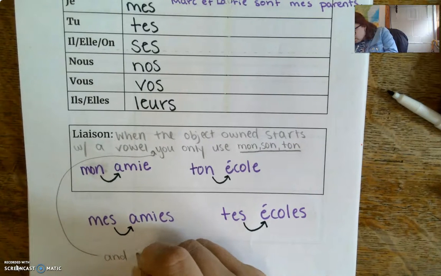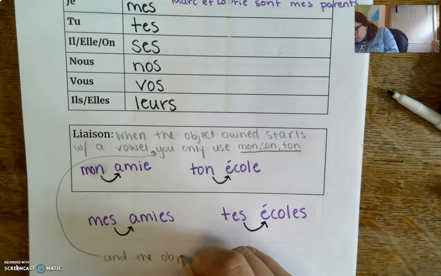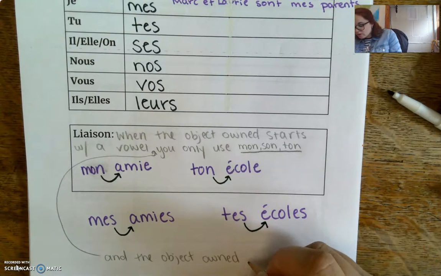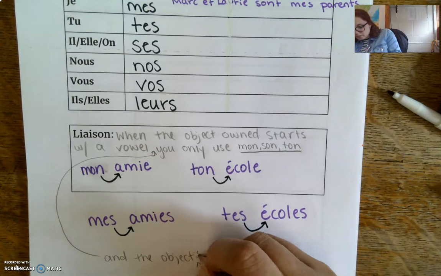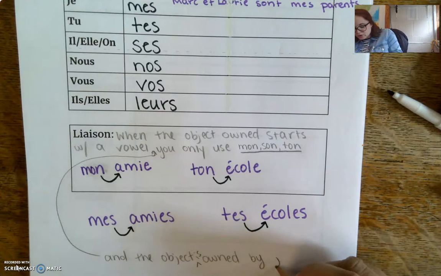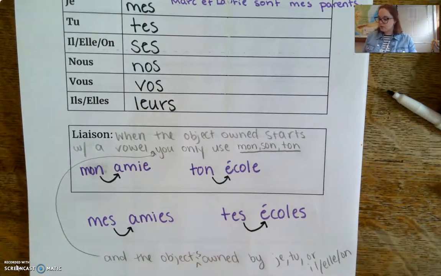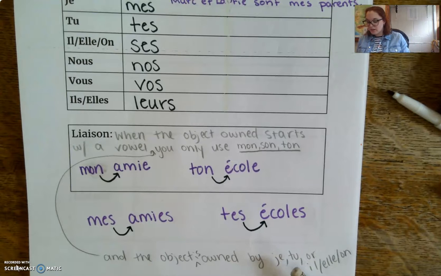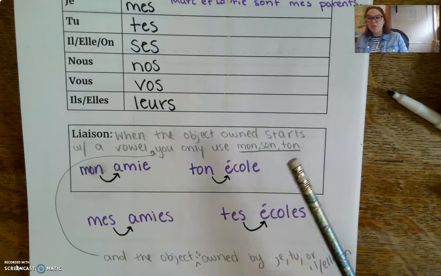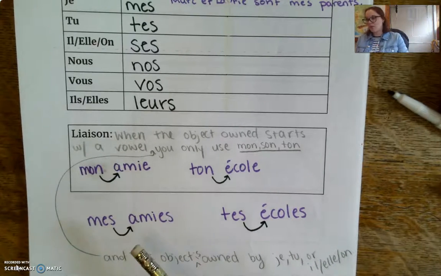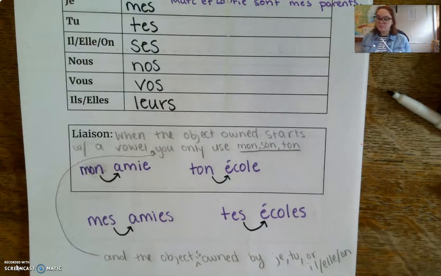And the object owned, the object is owned by je, tu, or il, elle, on. So if it's my, your, his, or hers, that's when you're going to use mon, son, and ton. You cannot use ma, sa, or ta. But you are allowed to use notre ami. You are allowed to say votre ami. All right. So those are your guided notes.